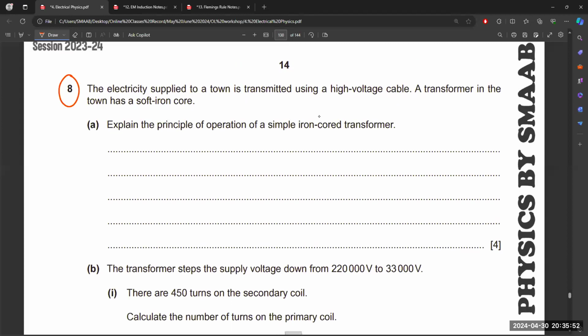In the question, the electricity supplied to a town is transmitted using a high voltage cable, because we know that we are getting electricity in our town, and that electricity is generated from a power plant. In an electricity power plant station, there is very high voltage.